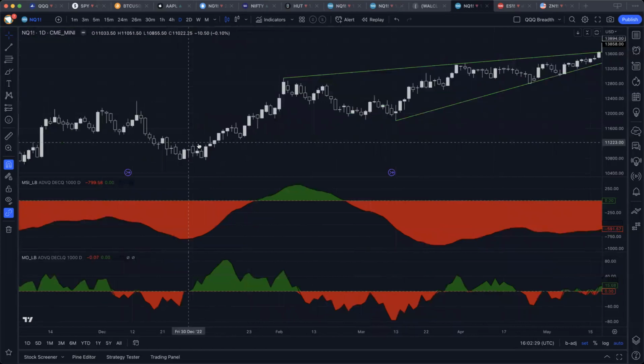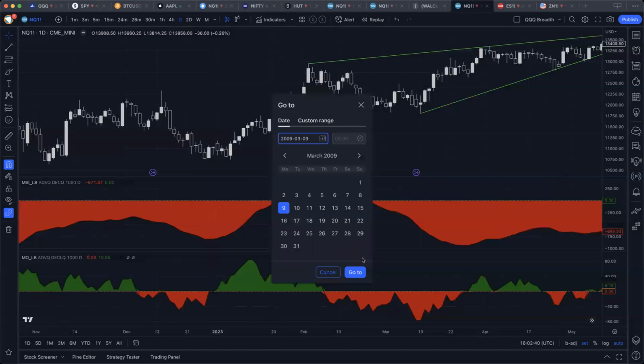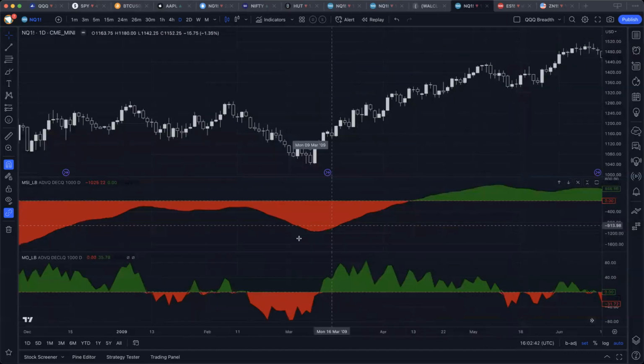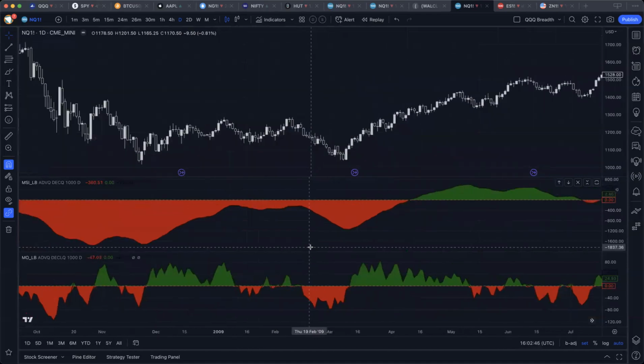What you tend to see is something like this, where there's much broader participation, or if you want to go all the way back to 2009, at the end of the financial crisis, this is the kind of breadth pattern that you'll want to see.